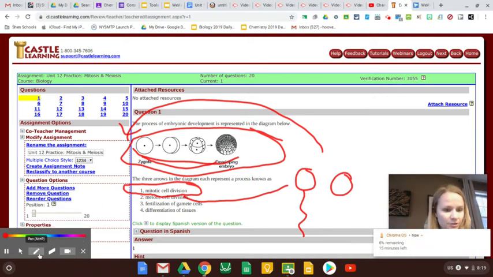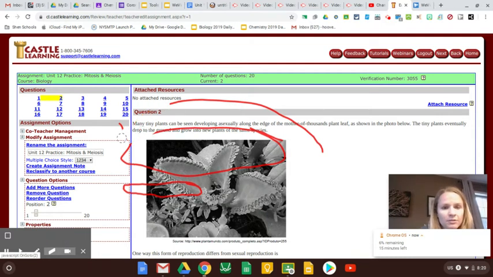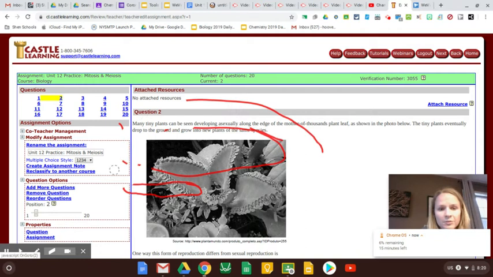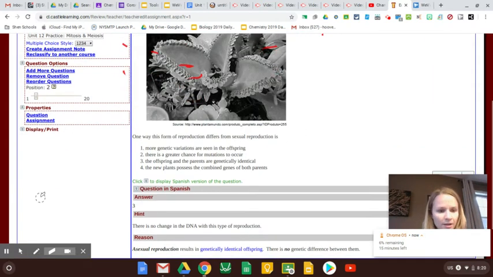Okay, moving on to the next one. Question number two. It says many tiny plants can be seen developing asexually. What's the question asking? The question is asking one way this form of reproduction differs from sexual reproduction.